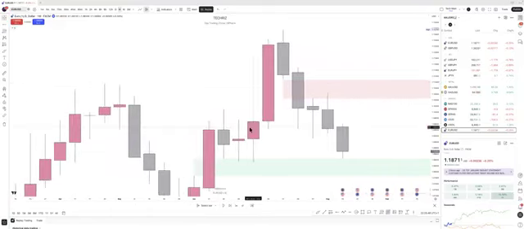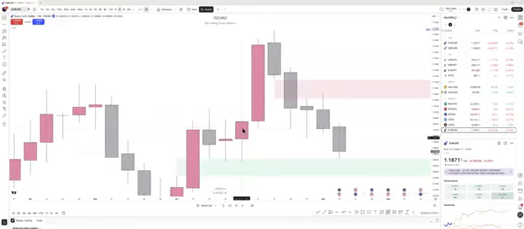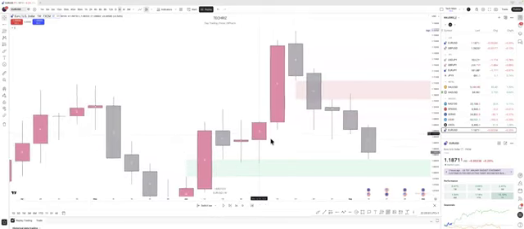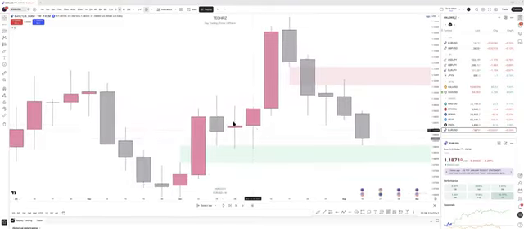So this is the second week, third week, last week of July. I can't tell which day this is, but this is the first week. So you can see the first week is continuing what the last week did, right?